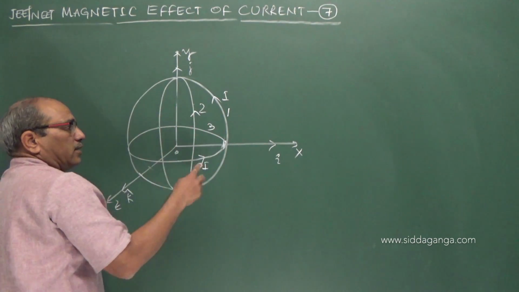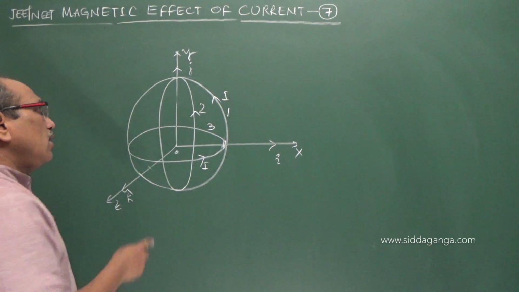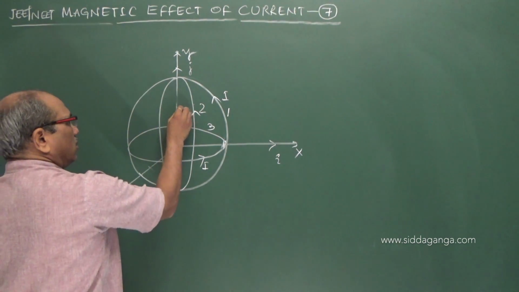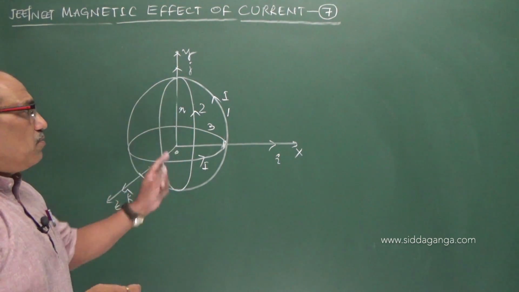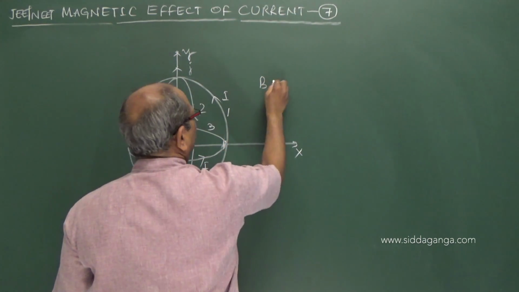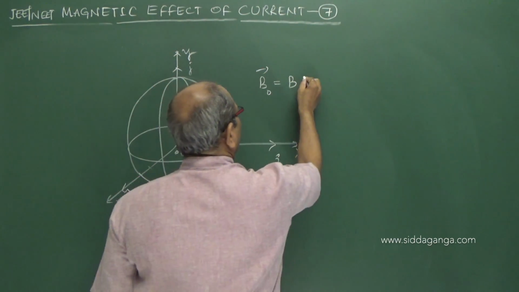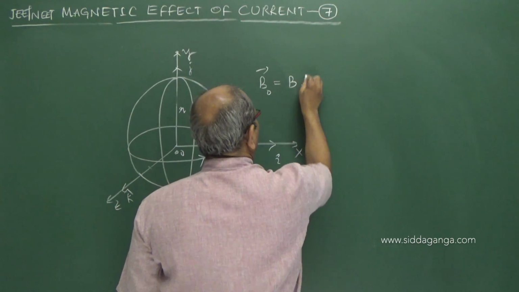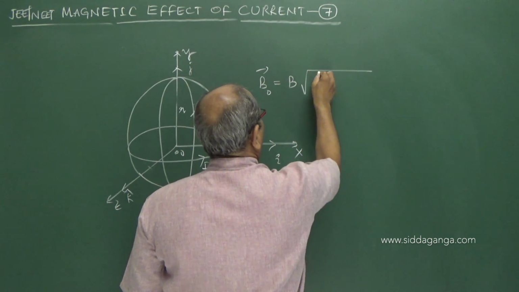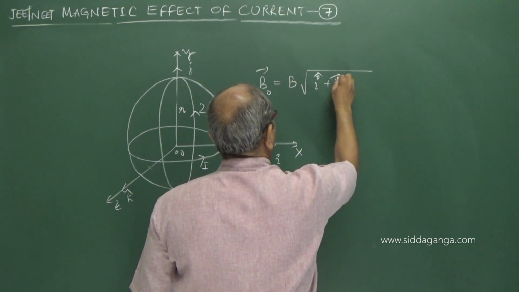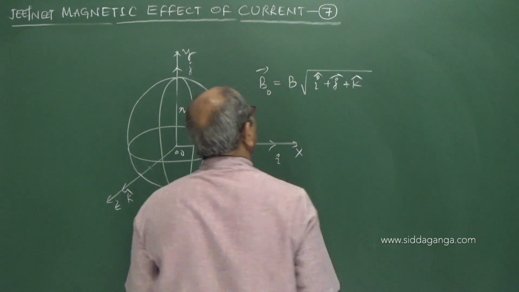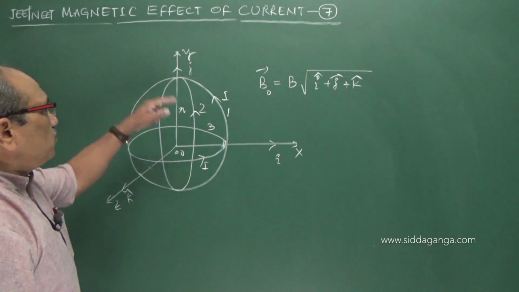Three coils carrying the same magnitude of current, having the same radius r, but mutually perpendicular. Each one produces a field of the same magnitude at the center. If you want the field, it is B into root of i plus j plus k. What is the magnitude of the field? It is mu naught I by 2r.